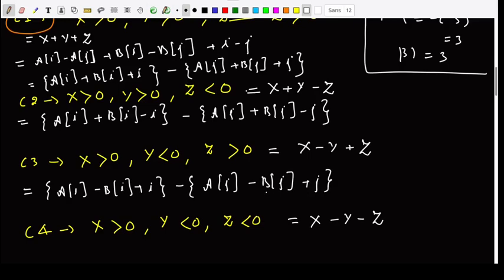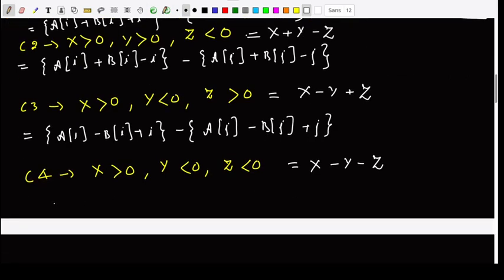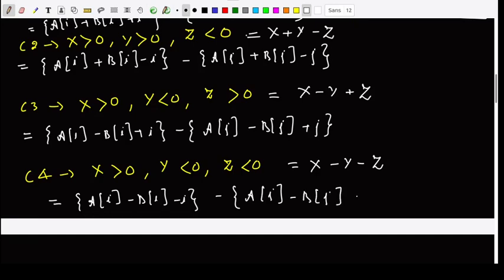And the fourth is basically A[i] minus B[i] minus i, and this equals A[j] minus B[j] minus j.